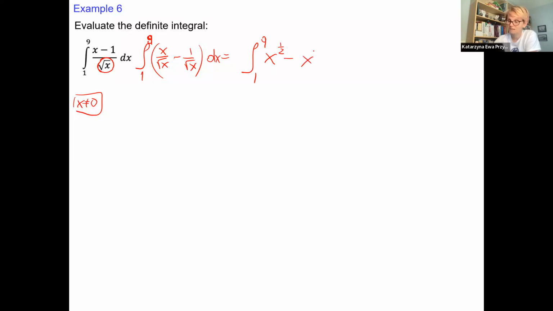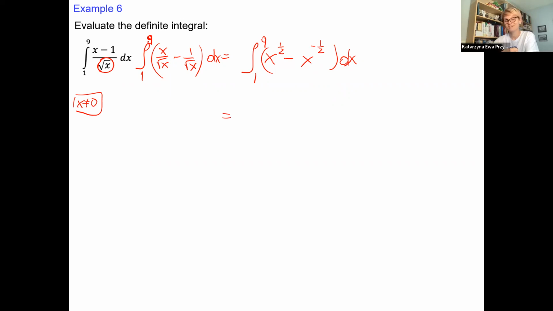Am I right? Please tell me that we are okay with this. Because this is x to the power of 1, x to the power of 1/2 in the denominator, the same base, division, we're subtracting the exponents. Okay, and now we can just evaluate.